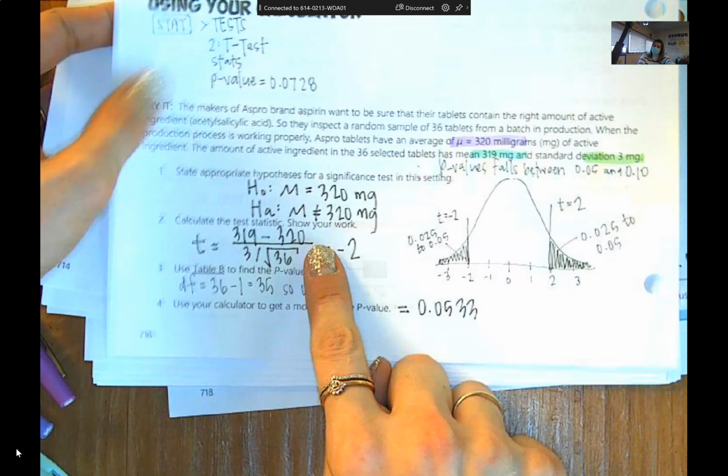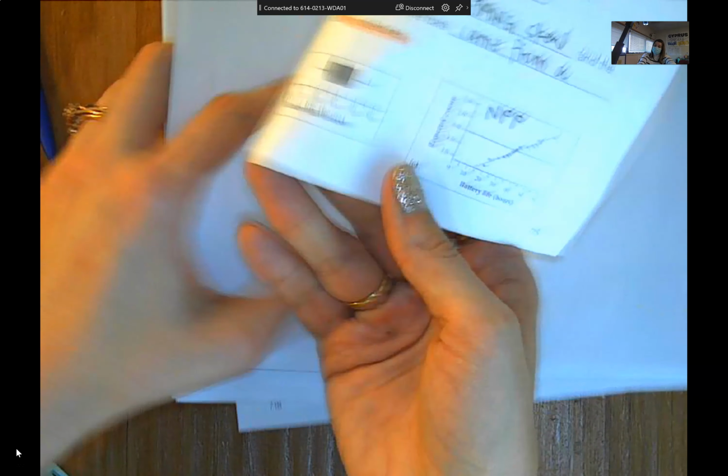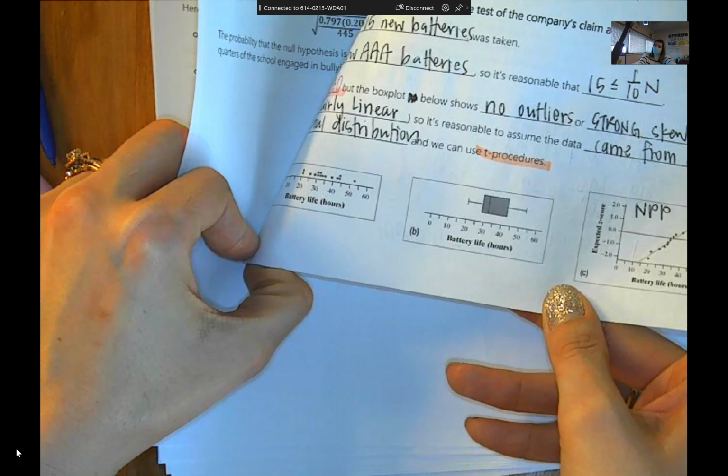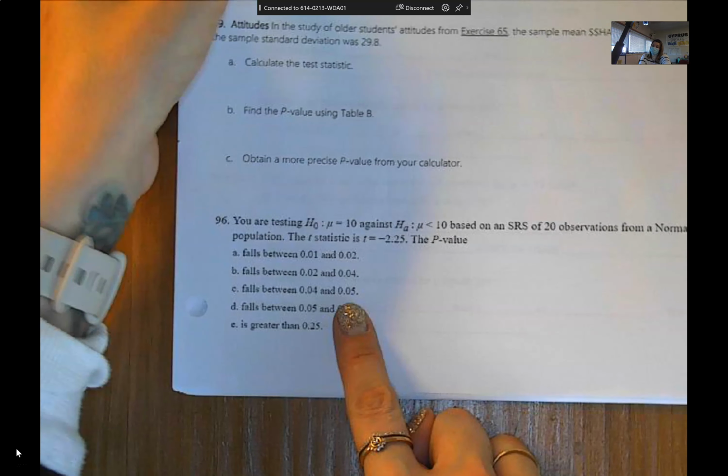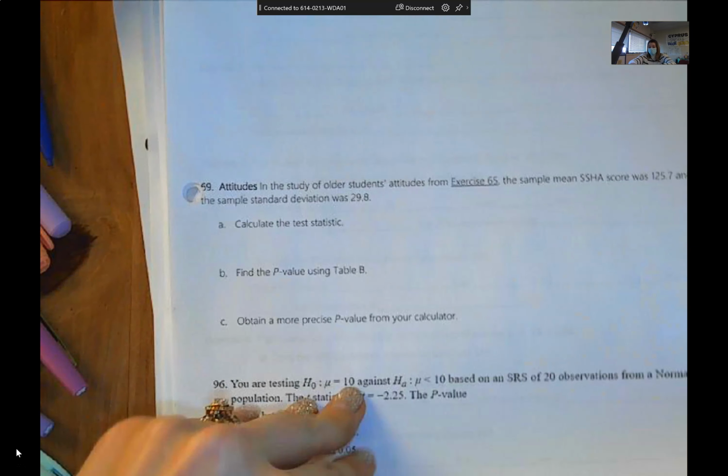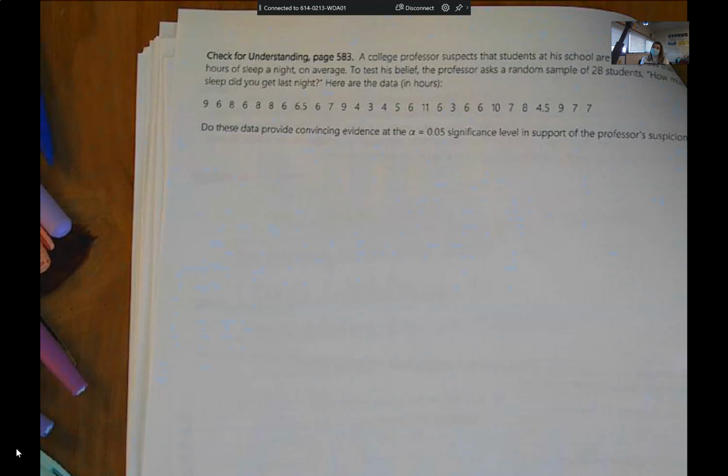I've lost my page. Here at the bottom of this page. So the first question's at the bottom of our first page. You do it the same. Second question is this kind of a question. Then your third is a multiple choice where it asks you to give the range of the p-value. And then your very last problem is to do one more like we just did with the data set.